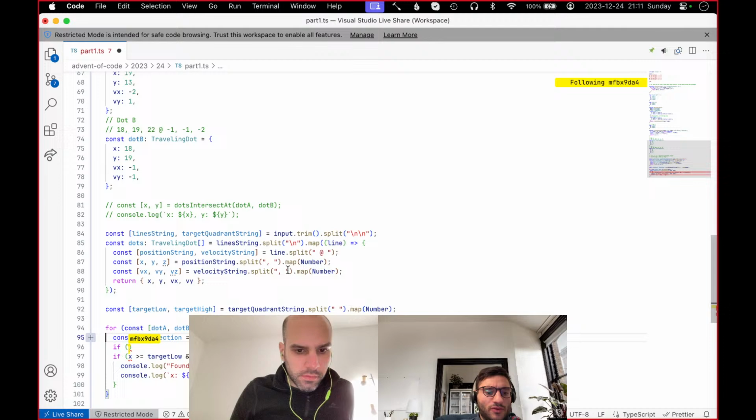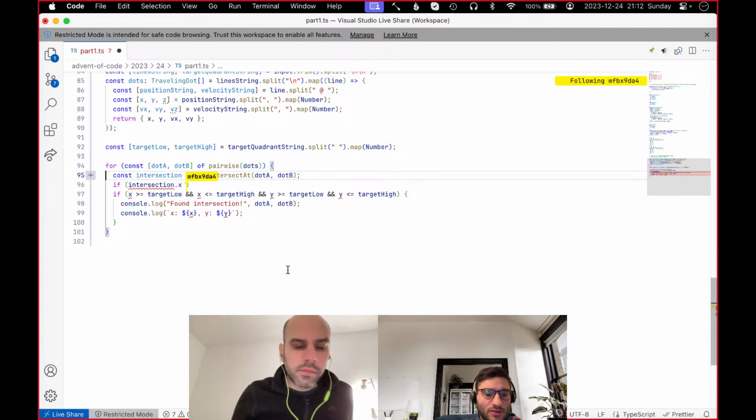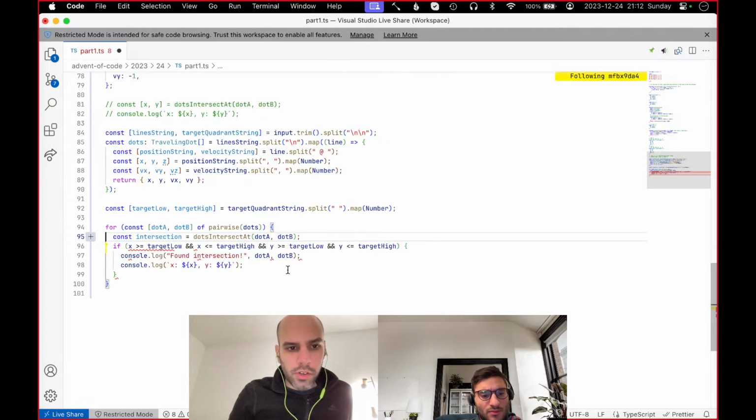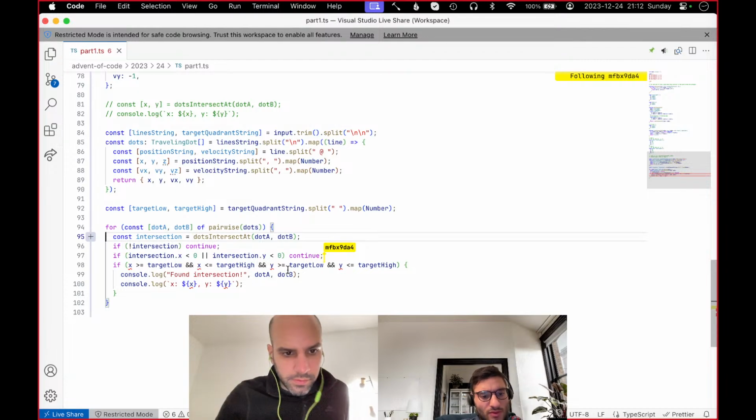So if intersection dot x is less than dot a dot x, check first for null. Oh yeah, undefined, I guess. If intersection dot x is less than dot a dot x and dot a dot vx is greater than 0, continue.